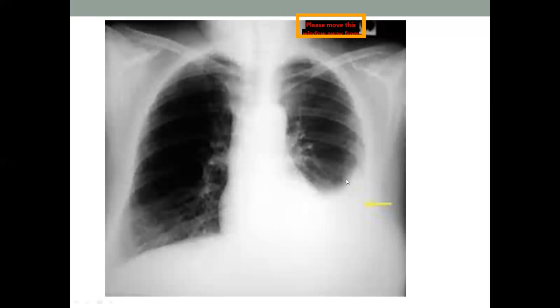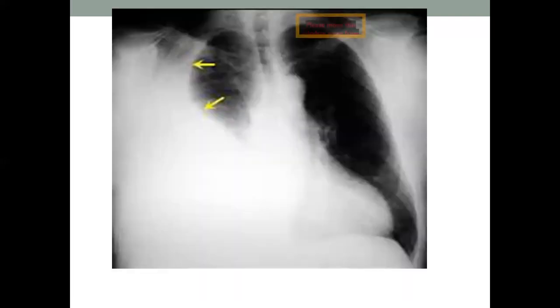This is the meniscus sign, which is a sign for the pleural effusion, the sign of fluid present in the pleural space.